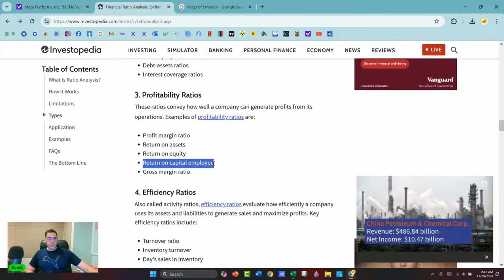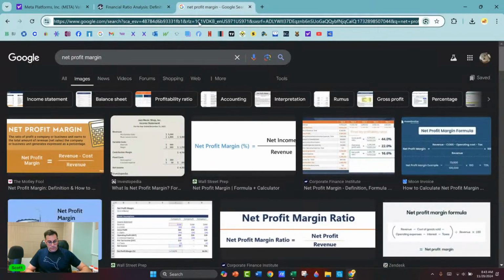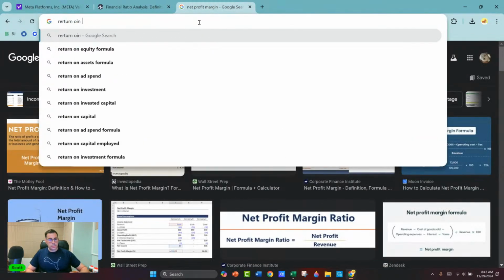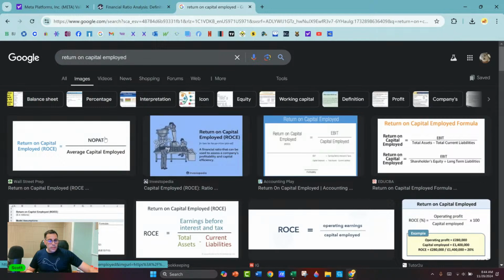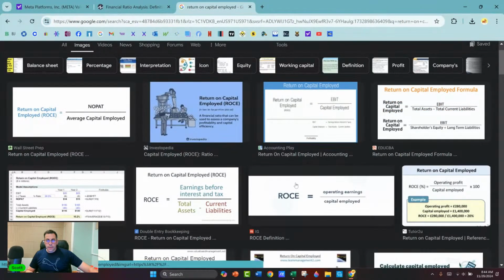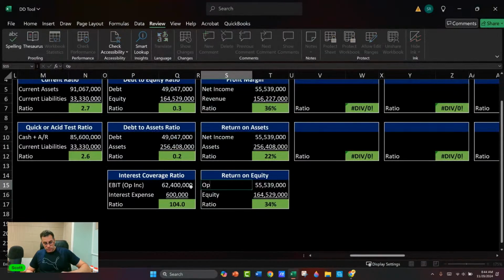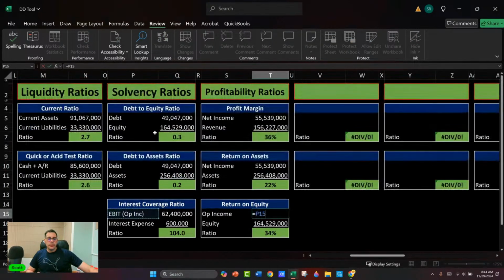Return on capital employed. So that's operating income. And some people define these ratios slightly differently. Some people leave out certain things.